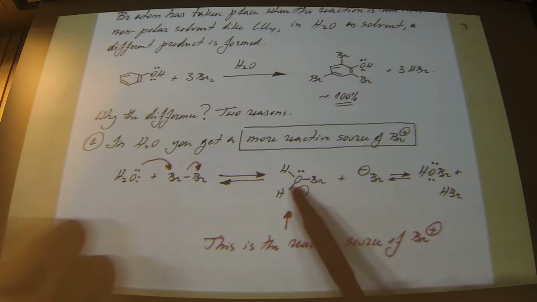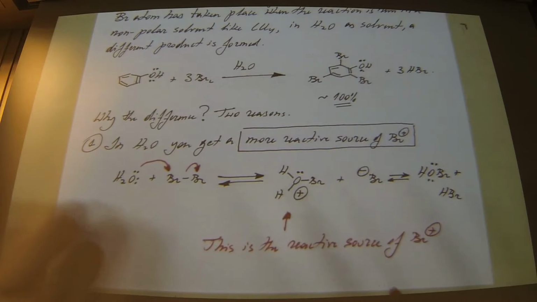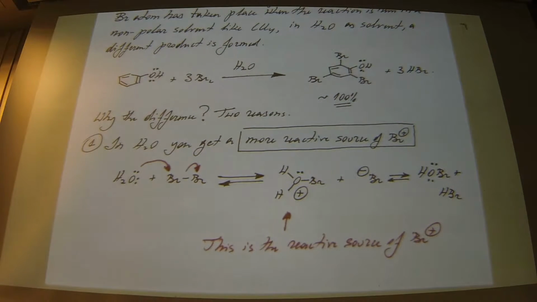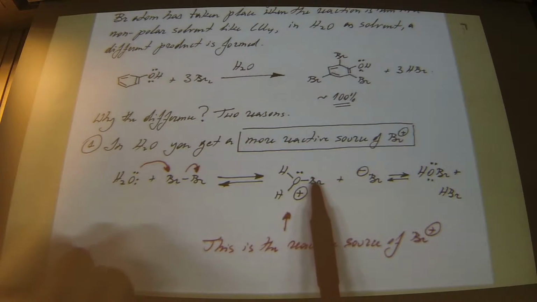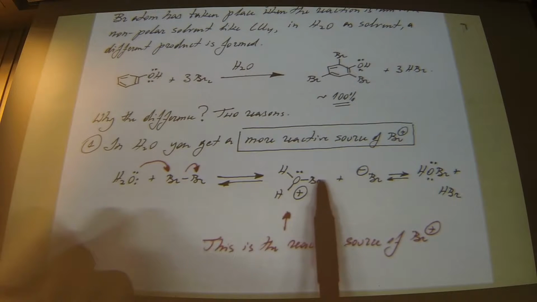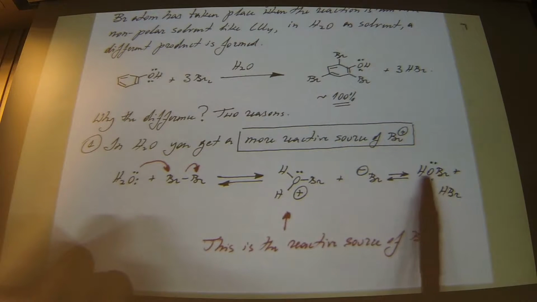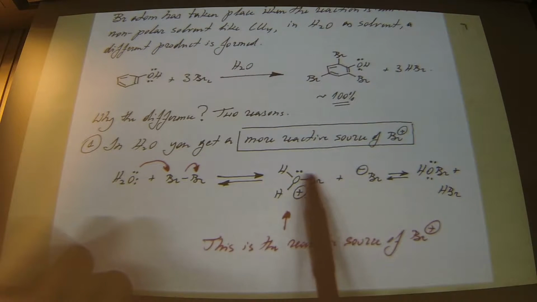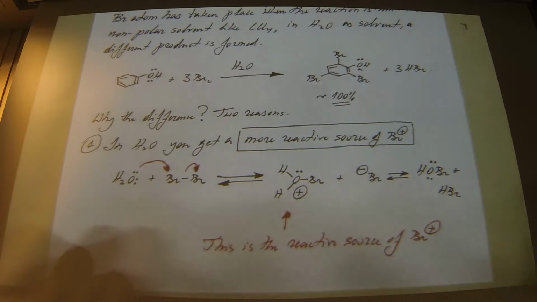Think of this as being the same kind of Br+ that you get when you add not water, but ferric chloride, or ferric bromide, to bromine. Same idea. And so this is a more reactive source of Br+ than this one. Hypobromous acid is the stuff here, but this is the active brominating agent. So that's why it brominates better in water.